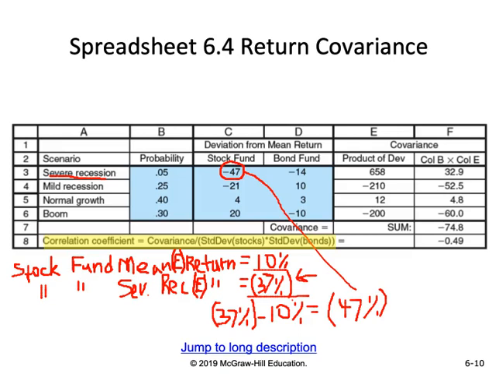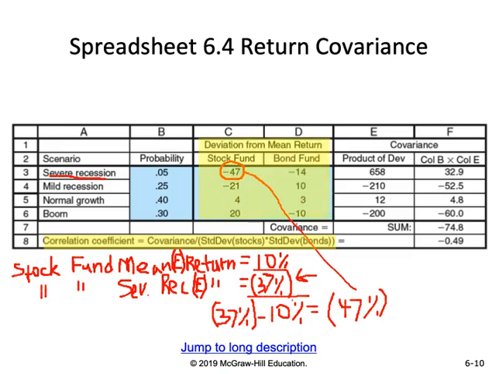So in order to follow this process, we have to identify the deviation from the stock fund for each of these economic scenarios. And we'll do the same with the bond fund under these columns right here.